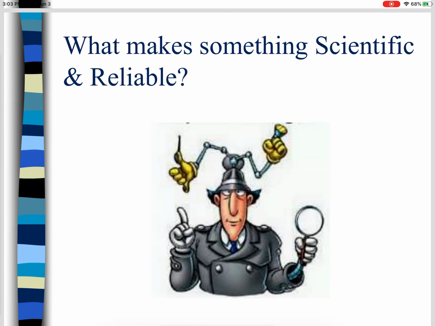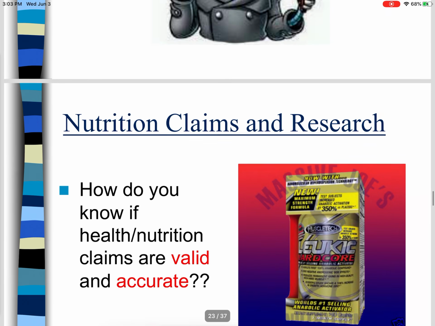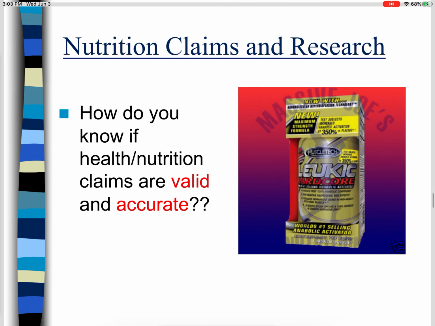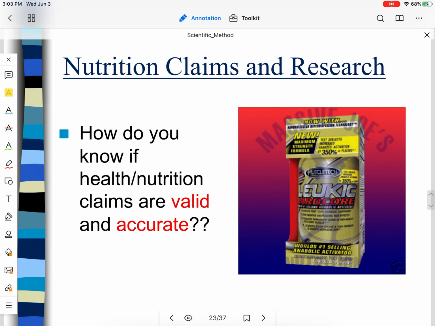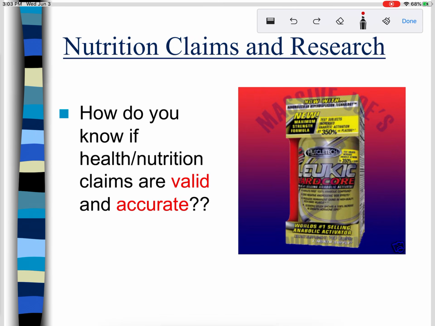One question to determine whether it's scientific and reliable is, of course, was it done using the scientific method? But there are other clues we can look at too. This was kind of fun for me. I've looked at all sorts of products. If you look at this product here, anabolic activator. Anabolic means muscle building.